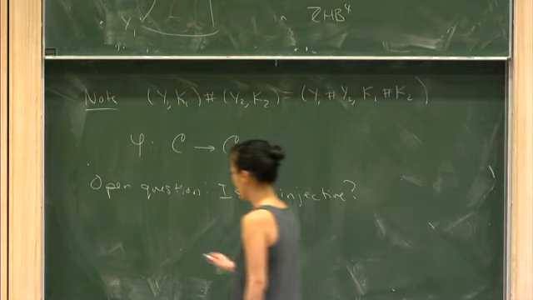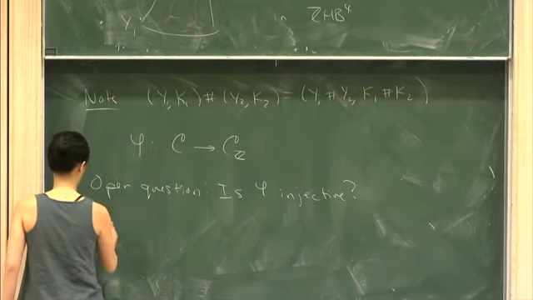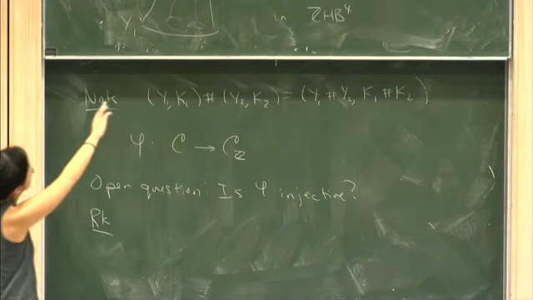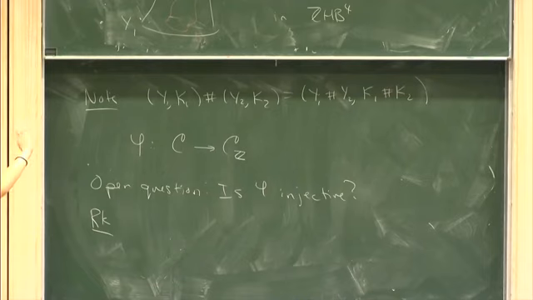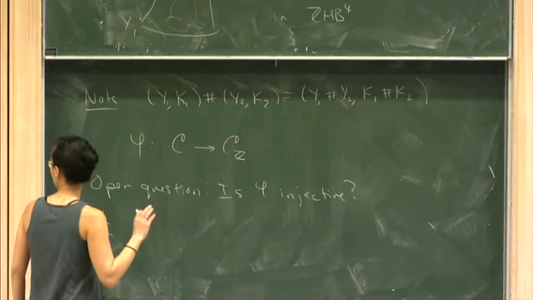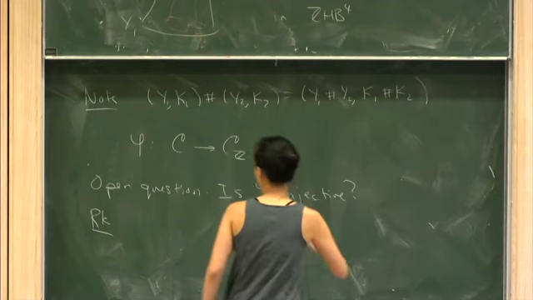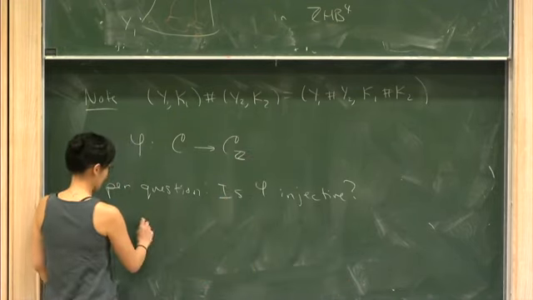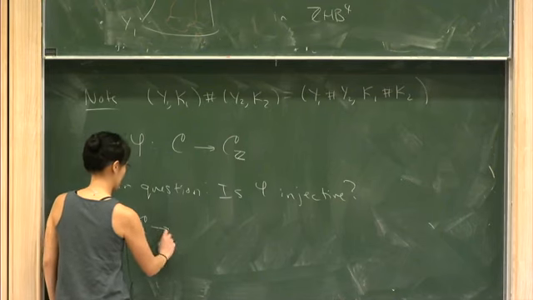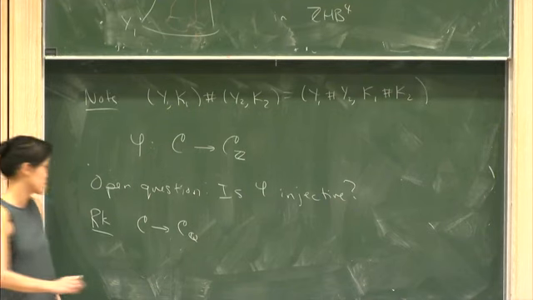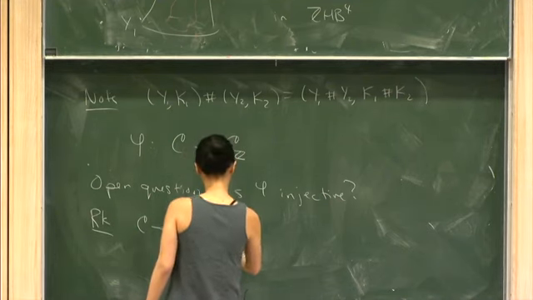One remark about this: you could do the same construction, but replace the integers with the rationals. So instead look at rational homology cobordism. If you do that, you can get a map from C to C_Q, and this map is known to be not injective.